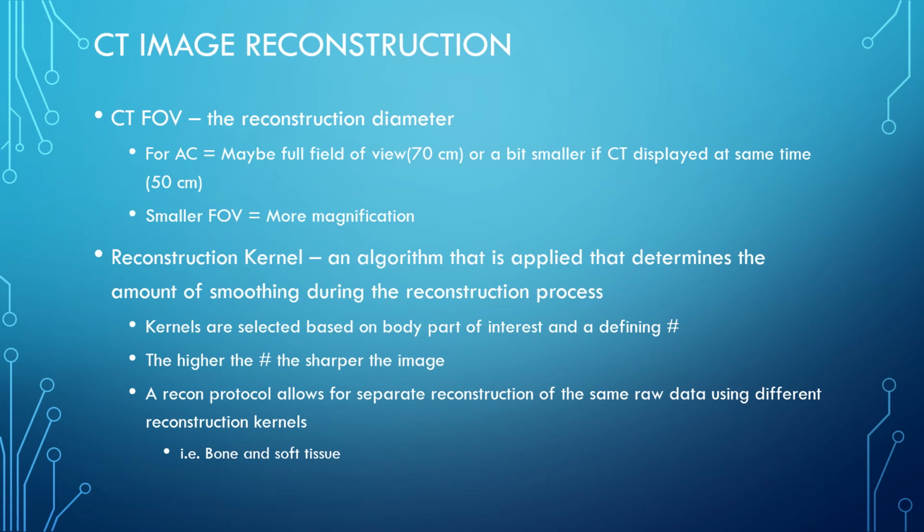Kernels are selected based on the body part of interest and a defining CT number. The higher the number, the sharper the image. A reconstructed protocol allows for separate reconstruction of the same raw data using different reconstruction kernels.